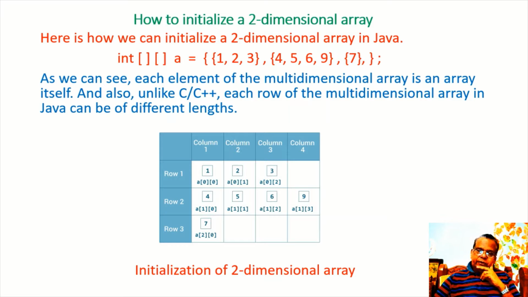For example, in the first row, the length is only 3. In the second row, the length is 4. And in the third row, the length is 1. See, initialization of a two-dimensional array is that very simple. It's very flexible in comparison with C arrays. Fine.